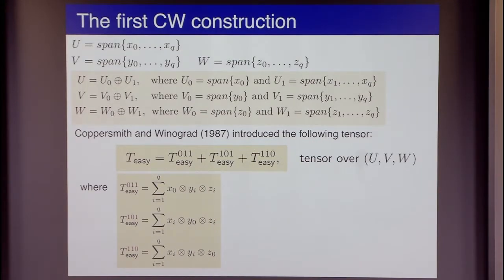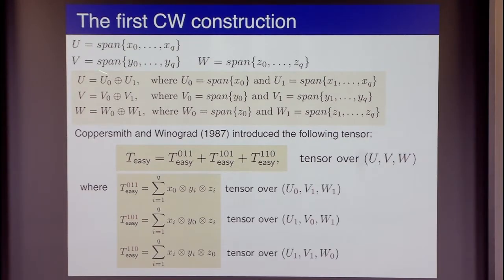Okay, and you can give a more algebraic description of this decomposition into three terms. So you can consider this decomposition of U, this decomposition of V and W. So U is decomposed into U0 and U1, where U0 corresponds to variable x0, and U1 to the other variables. And you can see that this part is a tensor over U0, V1, and W1.